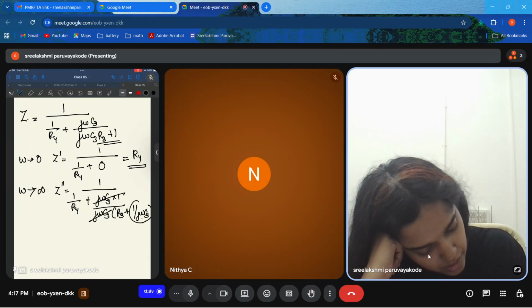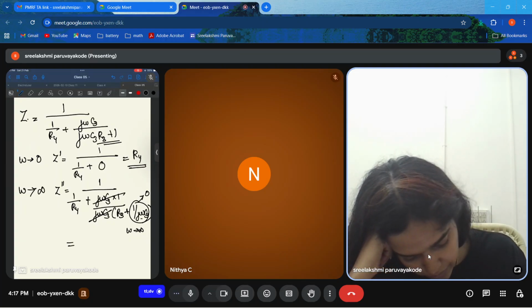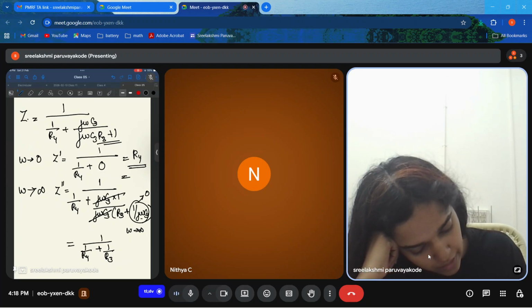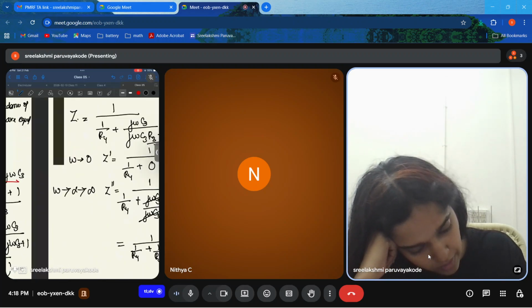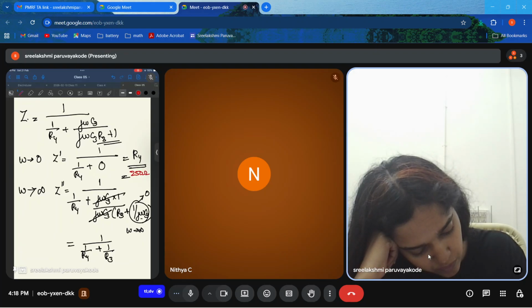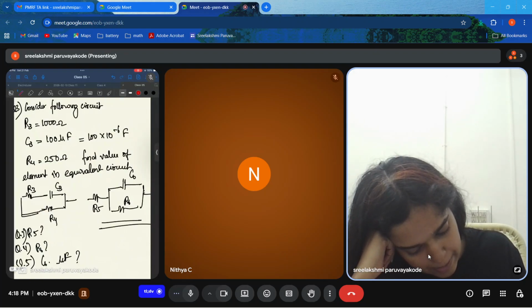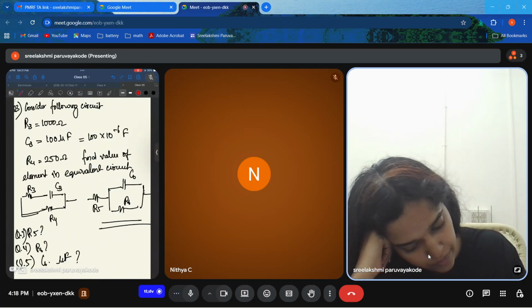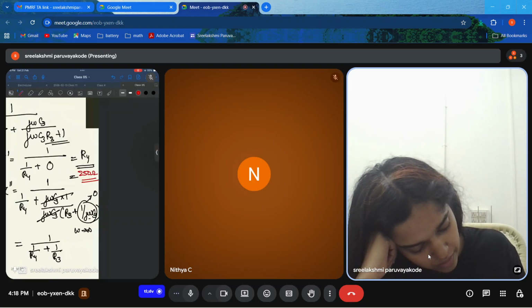And when omega tends to infinity, this term becomes equal to 0. Why? Omega tends to infinity, the entire term tends to 0. So you get 1 by R4 plus 1 by R3. Now if we solve, we are already given the R4 value as 250 ohms. The values are R4 is 250 and this is 1000.